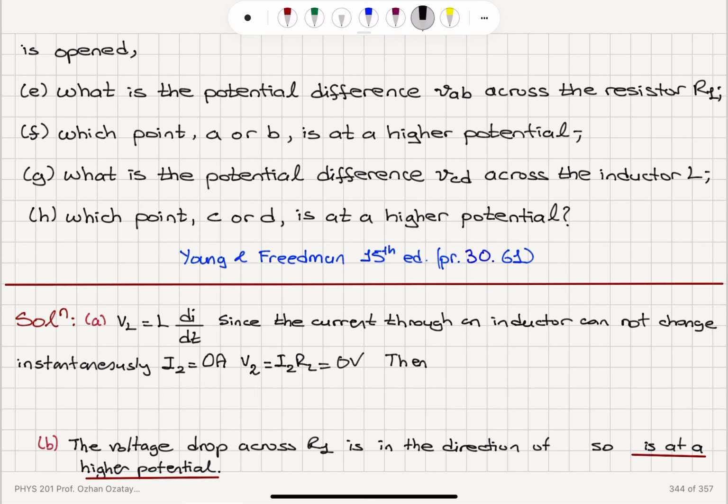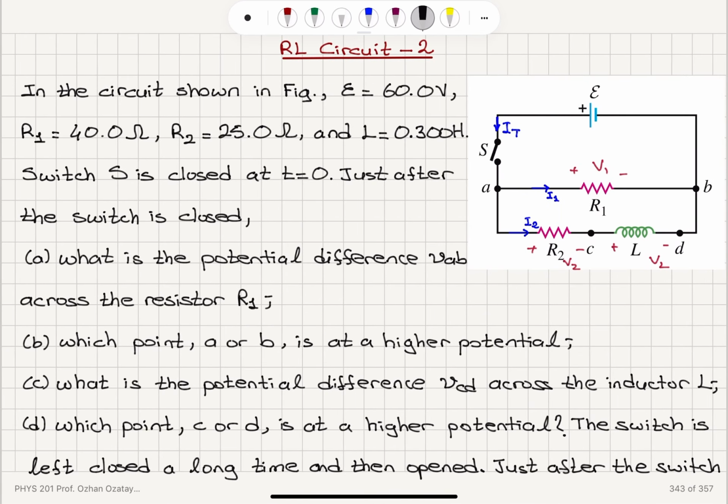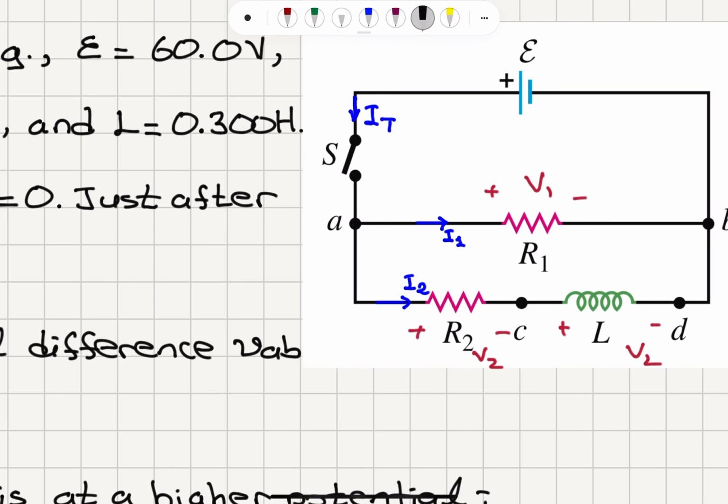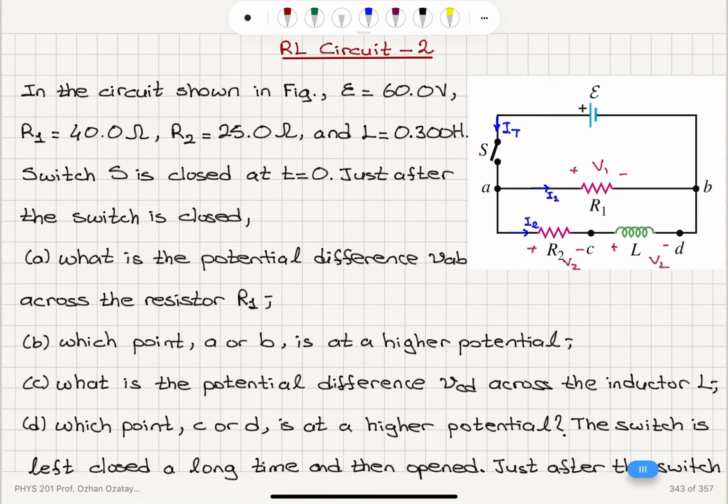Then this voltage epsilon will appear across R1 only, and it will not appear across R2 because R2 will have 0 voltage, and it will also appear across the inductor. So this voltage appears across R1. This is the positive terminal, this is the negative terminal.